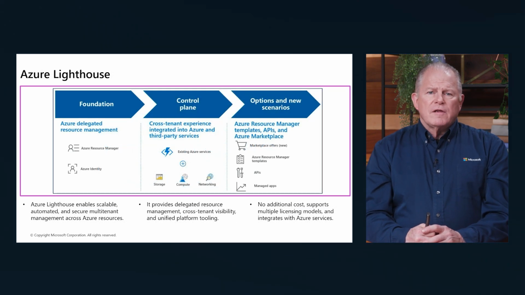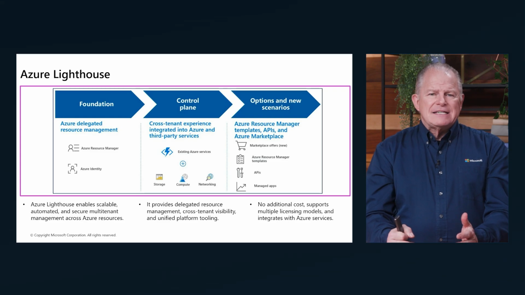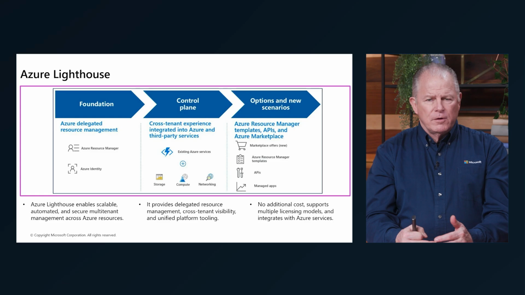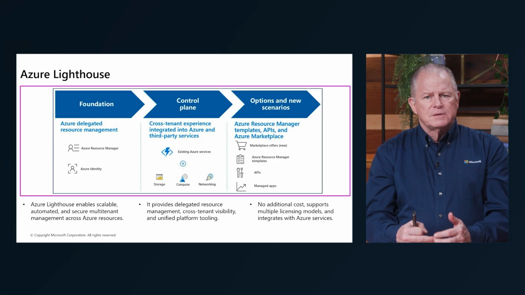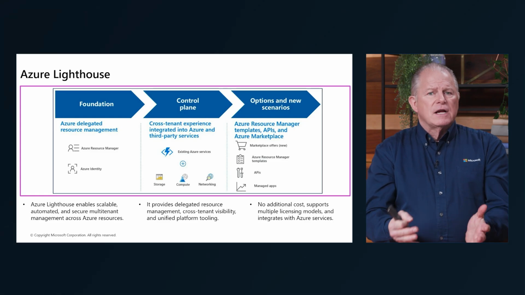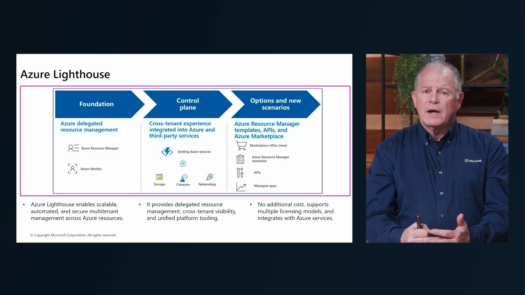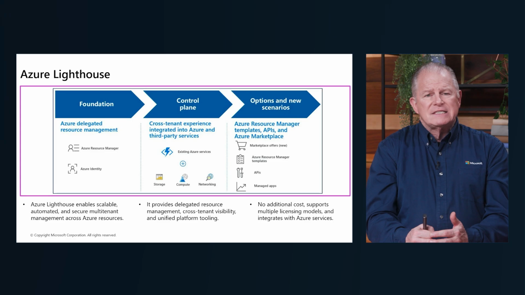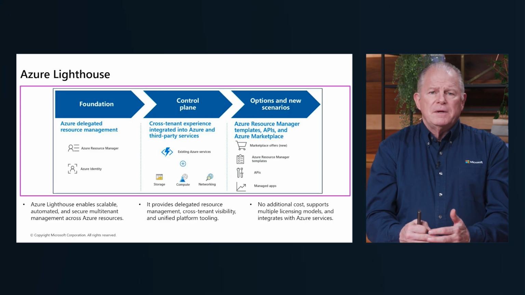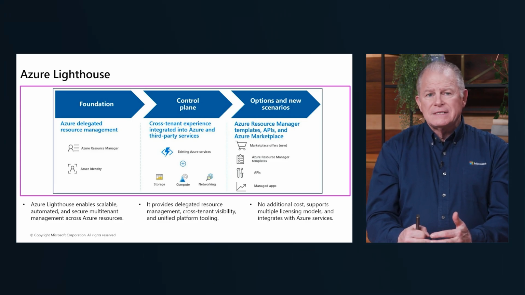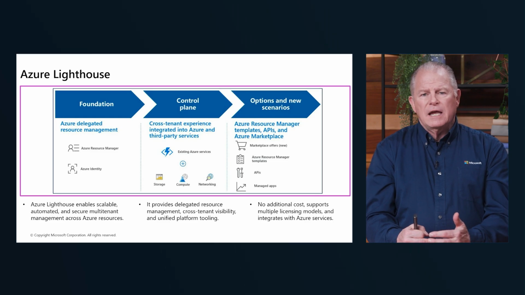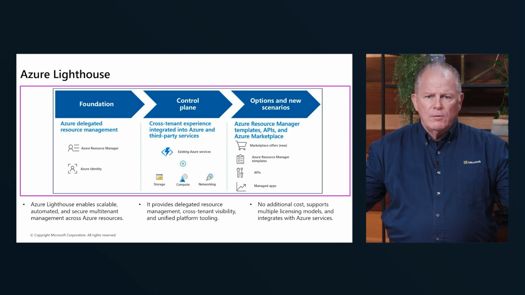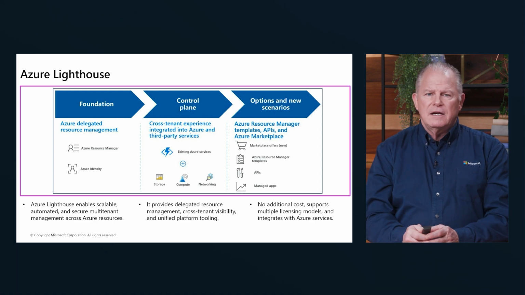I mentioned at the start of this about the governance plane being at the tenant level and how we saw that from management groups that fall below the tenant. You got that management group subscription level. We had that as our governance plane, but there are reasons why customers need more than one tenant. Now, if you wanted to extend your scope of being able to manage multiple tenants, the Azure Lighthouse capability provides that service that extends your reach into a multi-tenanted environment.